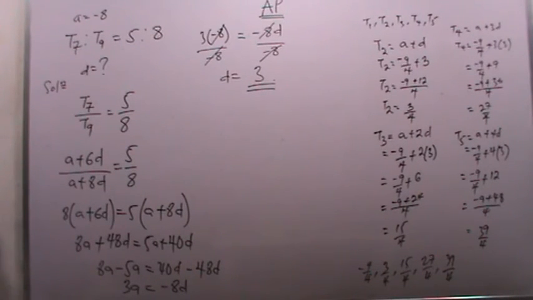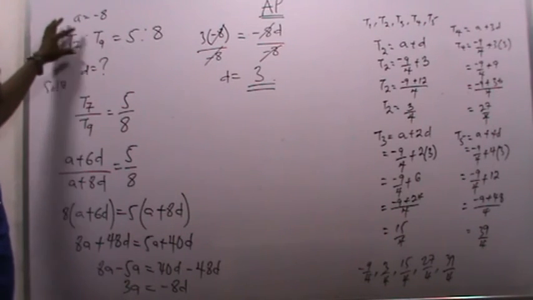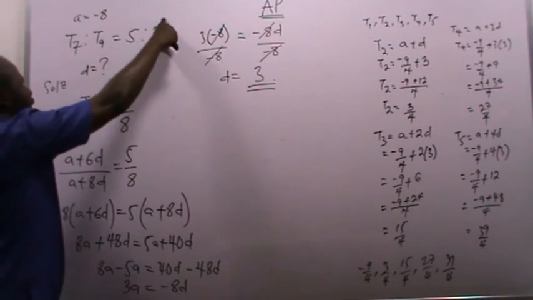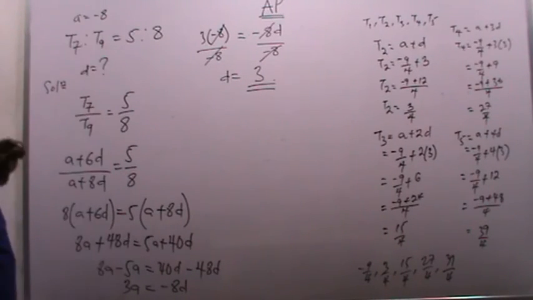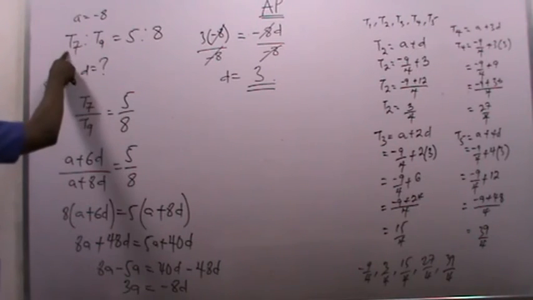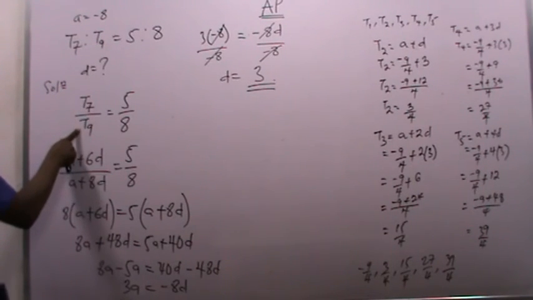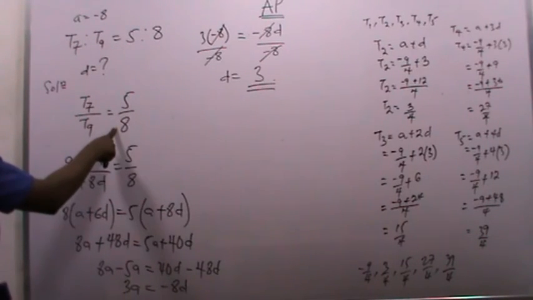Your D is 3. What were we given? The ratio of the 7th term to the 9th term, given as 5:8, and the first term to be minus 8. The question asks us to find D. We know that T7 ratio T9 is the same thing as T7 over T9, and 5:8 is the same as 5 over 8.